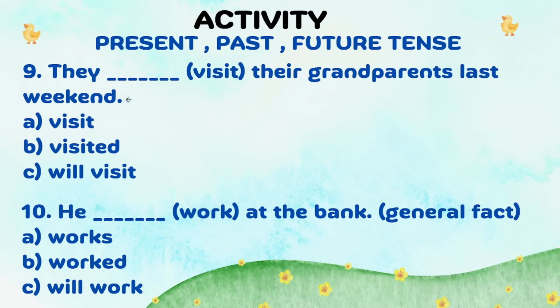Okay? Did you guys visit your grandparents last weekend? Okay. So, they visited their grandparents last weekend. So, it's past because of this word. Okay, for the last number, okay, it is a general fact. It says that he, okay, what is the correct answer?